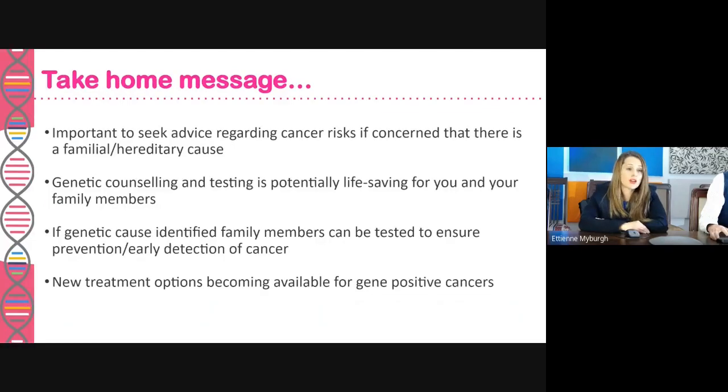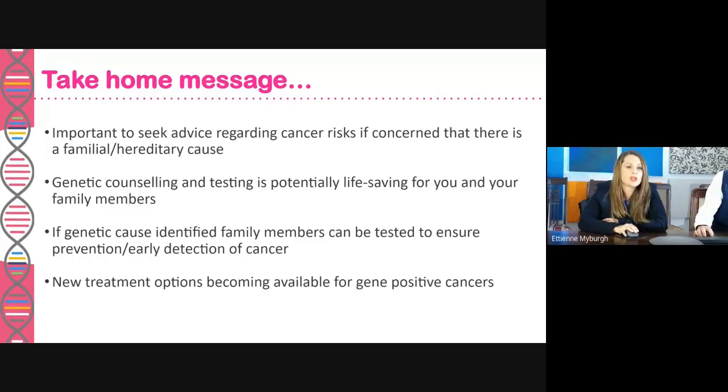So just to summarize, this is obviously just a quick message. The most important points: it is very important to seek advice regarding cancer risks if you are concerned that there is a familial or hereditary cause. It's important for you, but it's also important for the rest of the family, because it can be potentially life-saving for you and for the family members.